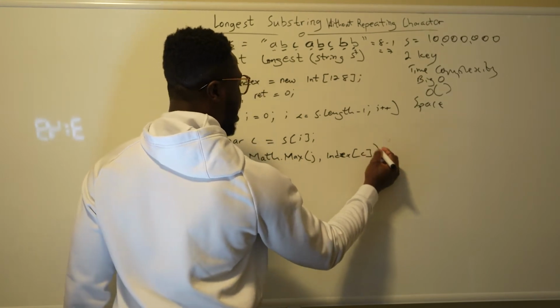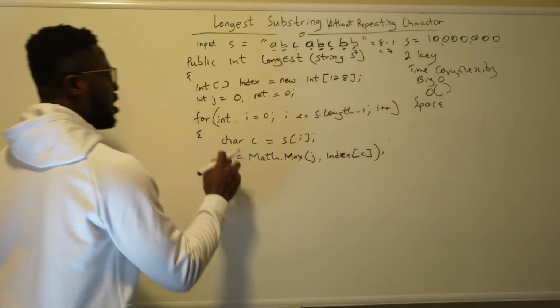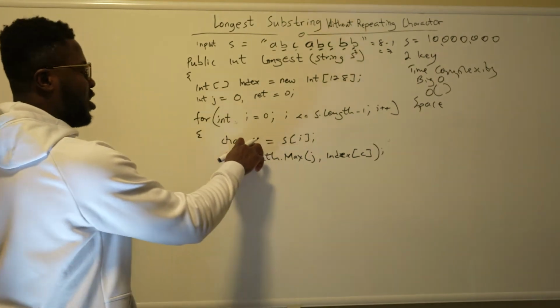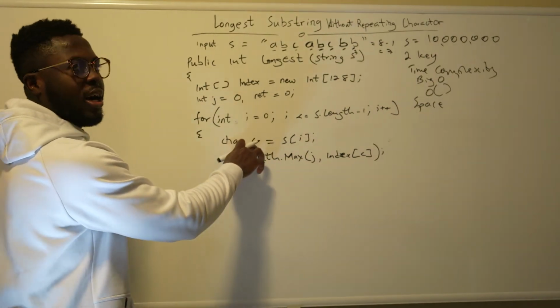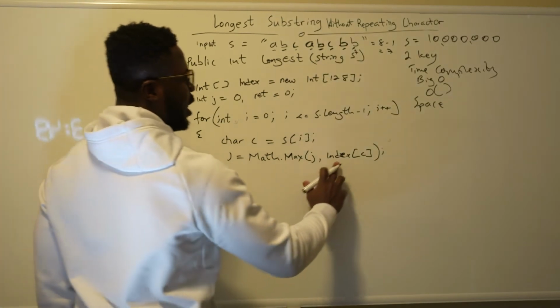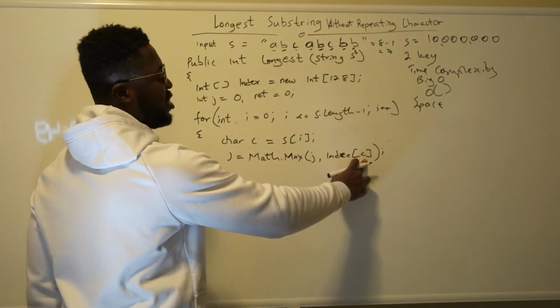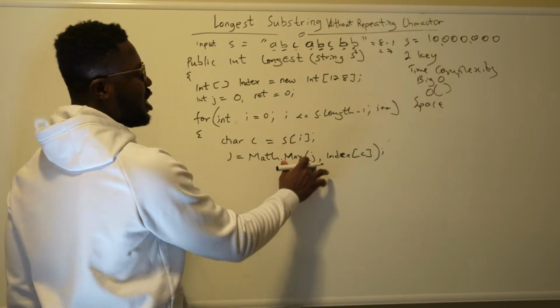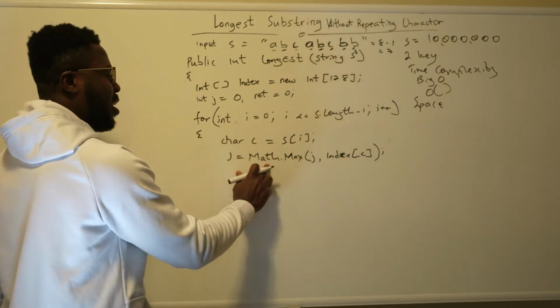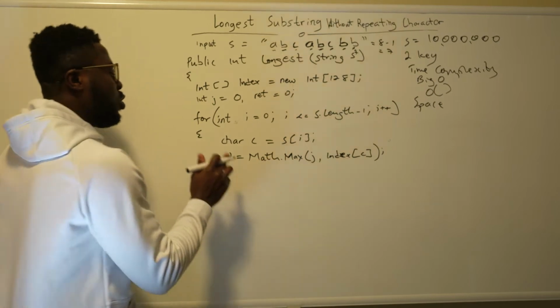The first time it comes in, we've not set the character A, so index A is going to be 0, and j is already 0. So the Math.max is going to be 0.